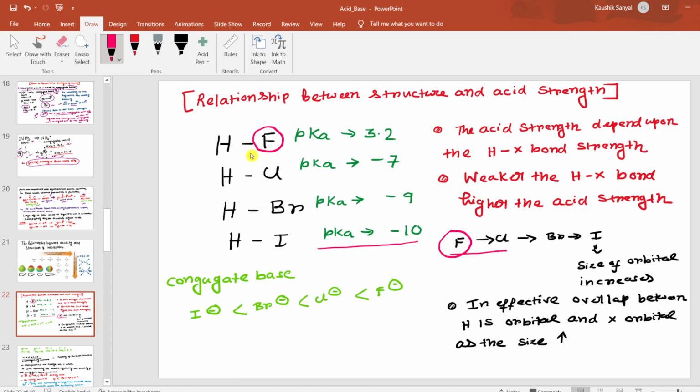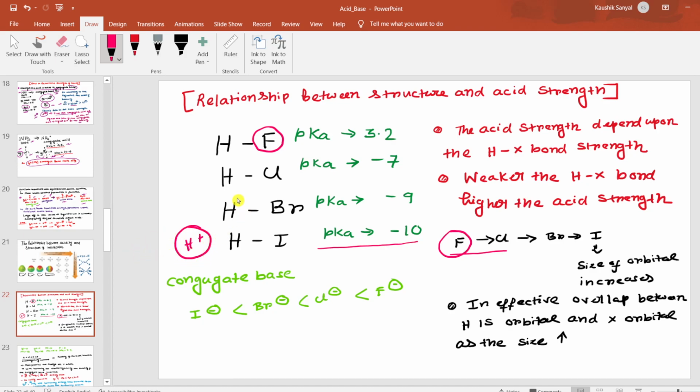As we go from hydrofluoric acid to hydrogen iodide, due to the difference in the size of the orbitals, there is less overlap between them, and that's why the bond becomes weaker and weaker. As the bond becomes weaker, it is very easy to break the bond and produce the proton.